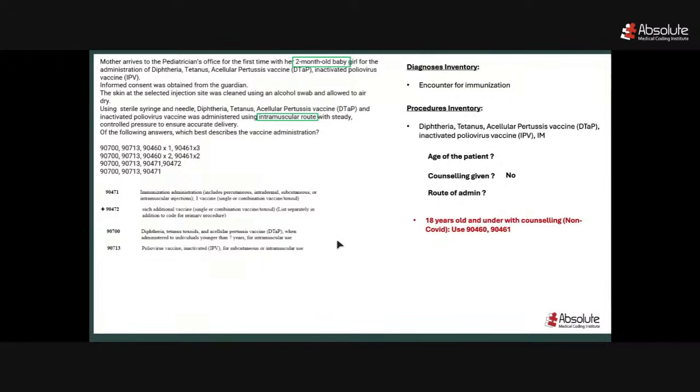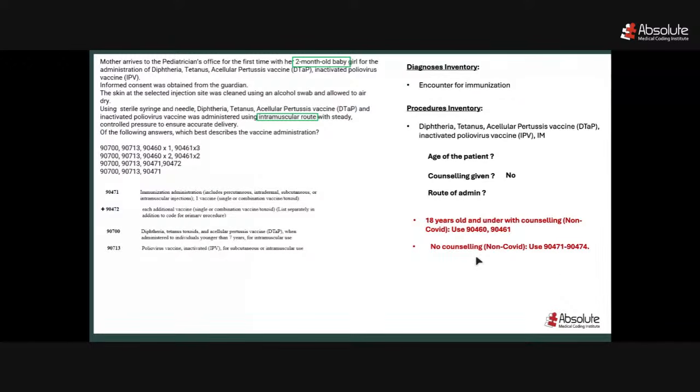Again, the guidelines come into play here. For 18-year-old and under with counseling, we can use CPT administration codes 90460 and 90461. As we said, there was no counseling in this scenario. So if no counseling is given, you have to use a code series ranging from 90471 through 90474, right?